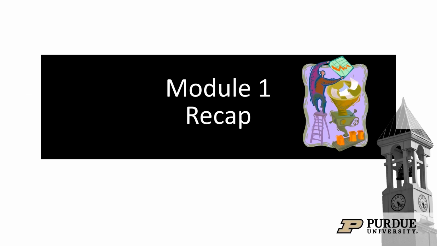And with that, we come to the end of Module 1. If you recall, in Unit 1, we tried to determine what quality was and what the definition of quality was. In Unit 2, we talked about the history of the quality revolution and the various eras through time and some of the major players in those eras.